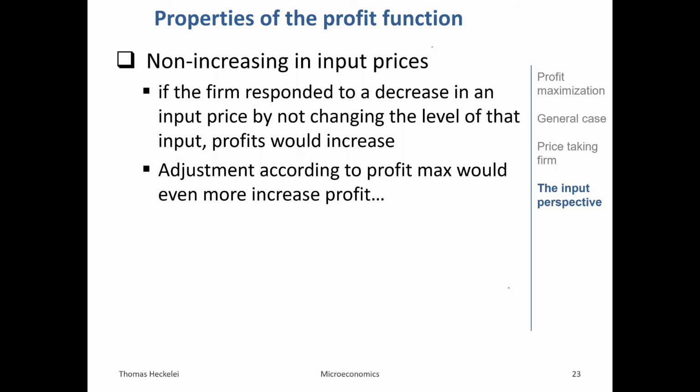You produce the same level and you buy the same input mix, then your profit already increases because now the cost is cheaper for you. However, that is without any adjustment. When you adjust according to profit maximization, the profit would increase more.